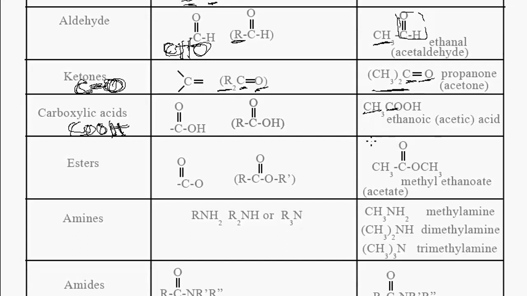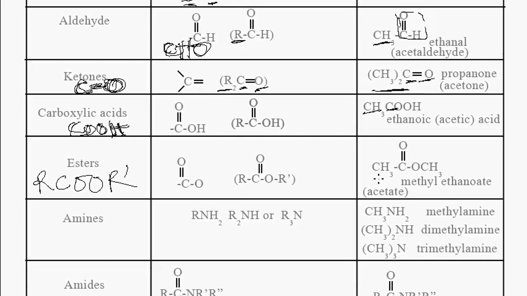So this is an ethanoic acid. So we have the esters too. The esters are characterized by RCOOR. So they are organic compounds with RCOOR. A typical example of an ester is methyl ethanoate.